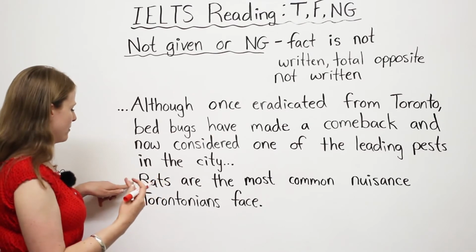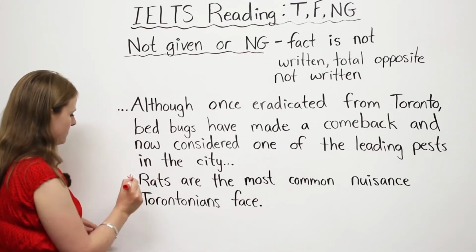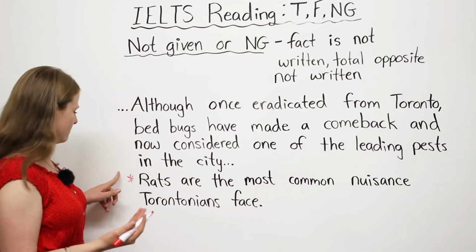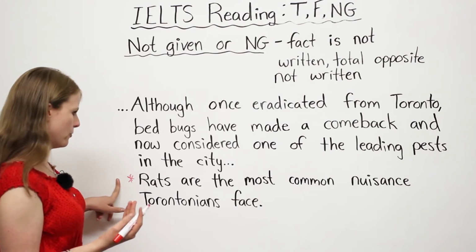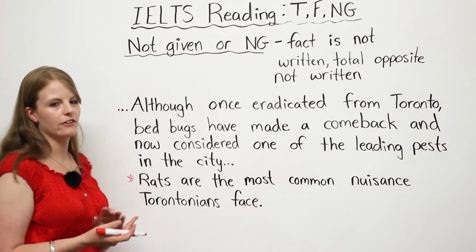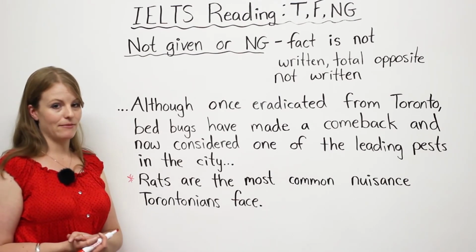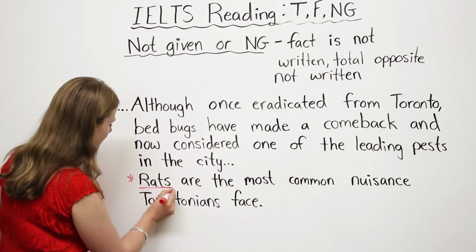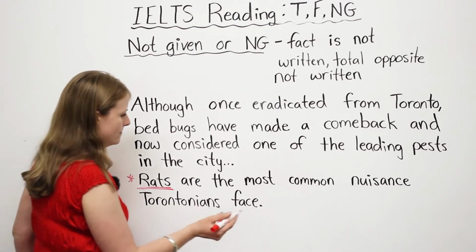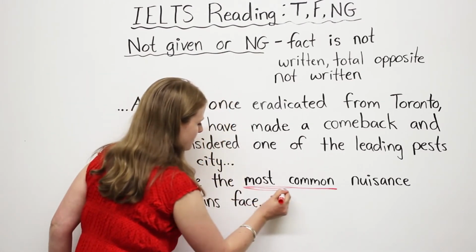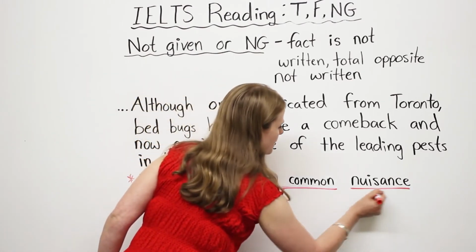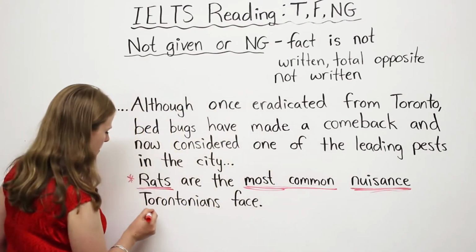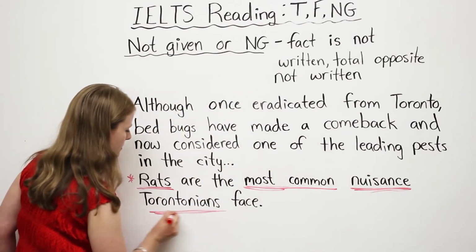I would go straight to the question. So here's the question. So I look at the fact. The fact says, rats are the most common nuisance Torontonians face. Okay. Now I go back, I scan. Okay, well, first let's underline rats, most common nuisance, and Torontonians. So these are the keywords.